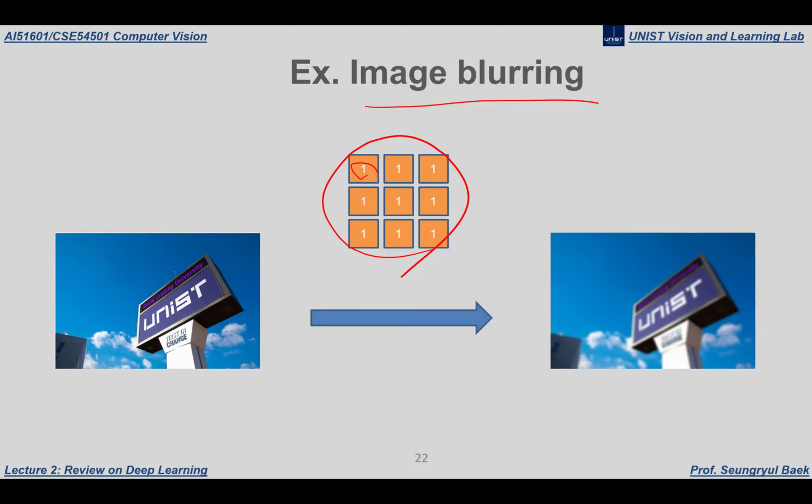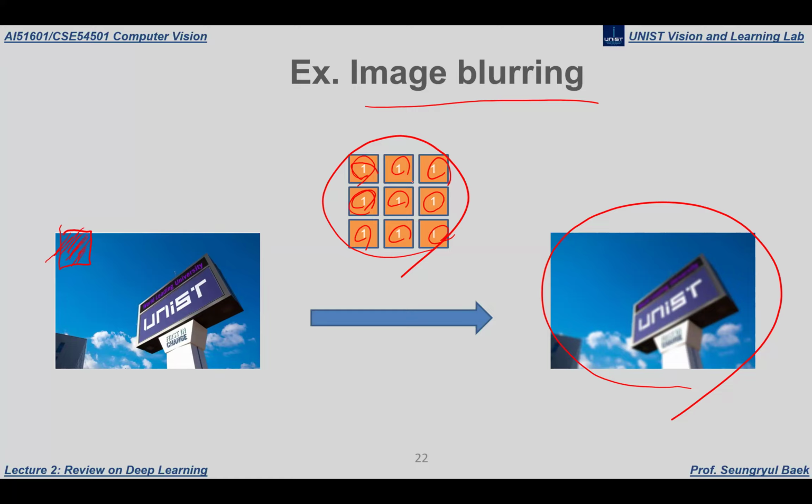If you fill the filter coefficients with a uniform value like this, and apply this filter kernel on all of the image patches in the input images, then the output patches will be like this, because these patches in the input images are multiplied with these uniform filter values.